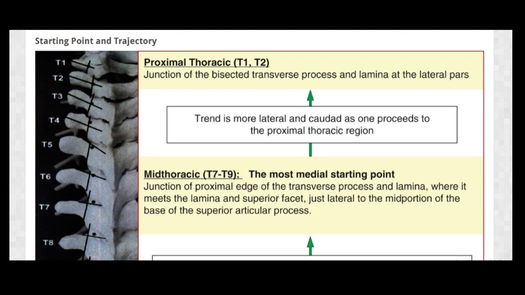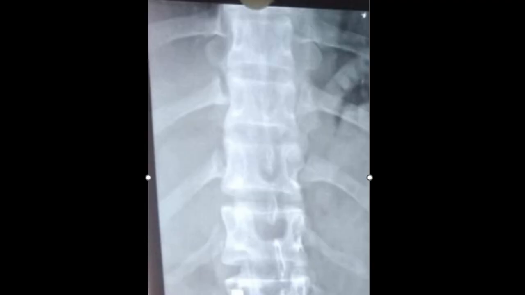Okay, so this is a bit of a complicated method because you need to be aware of which pedicle screw you are putting. You can study the plain X-ray to get an idea of the ideal entry point for that level.